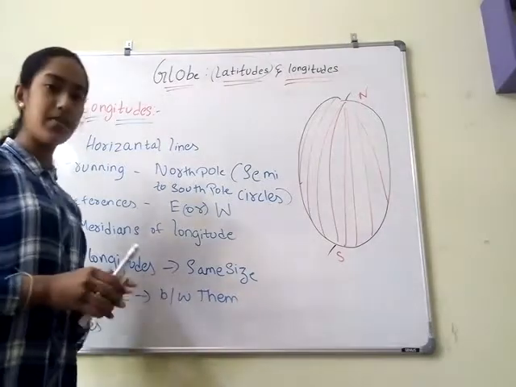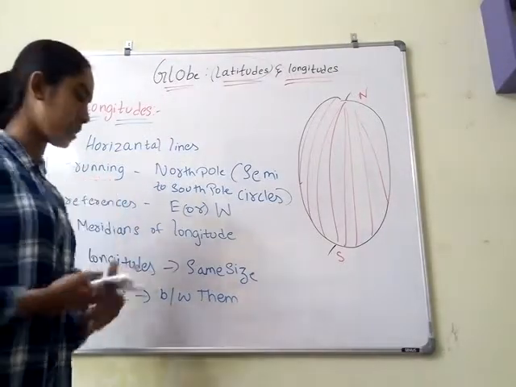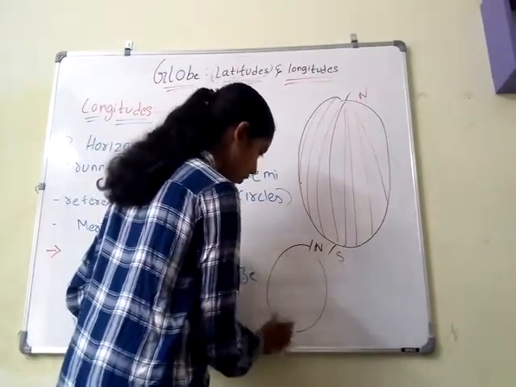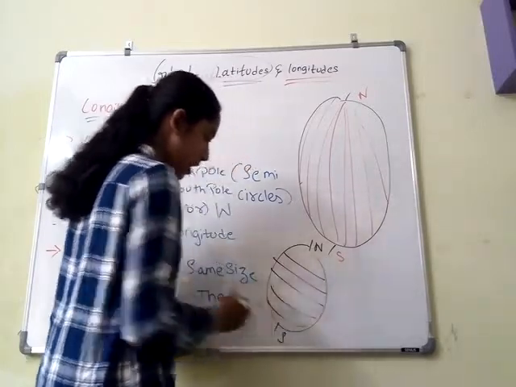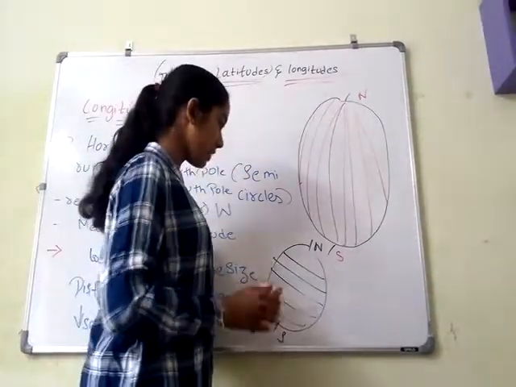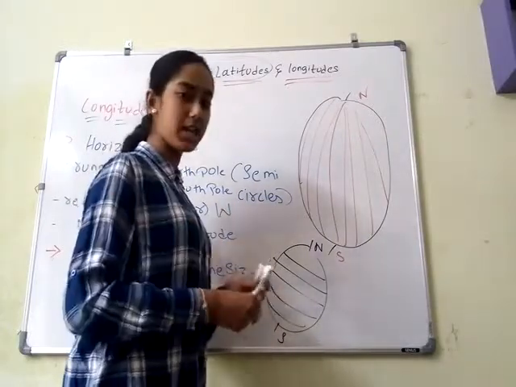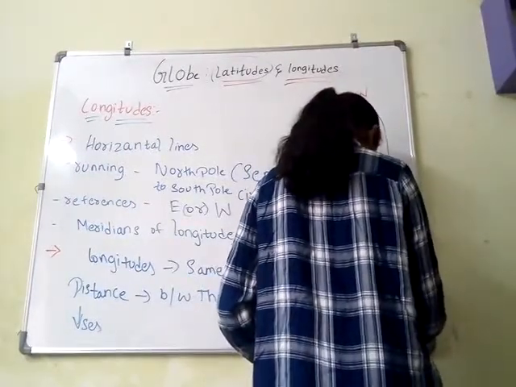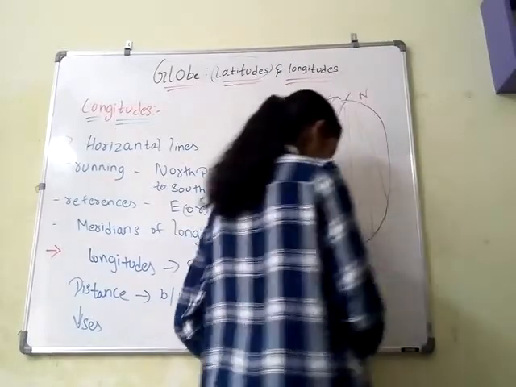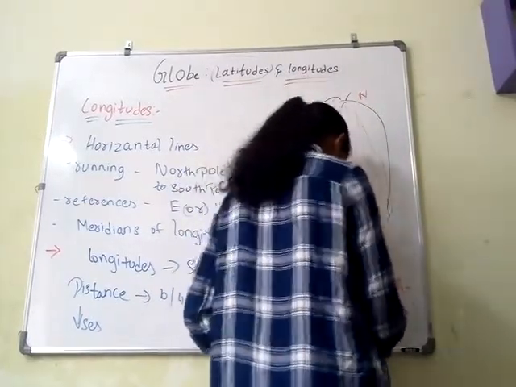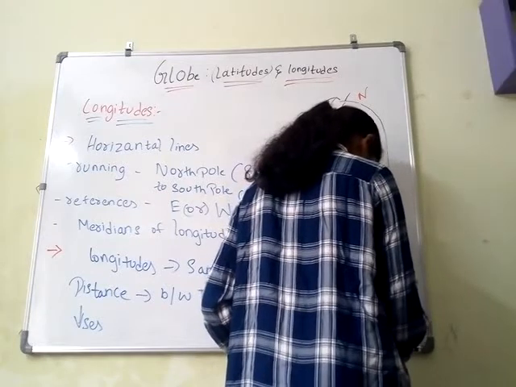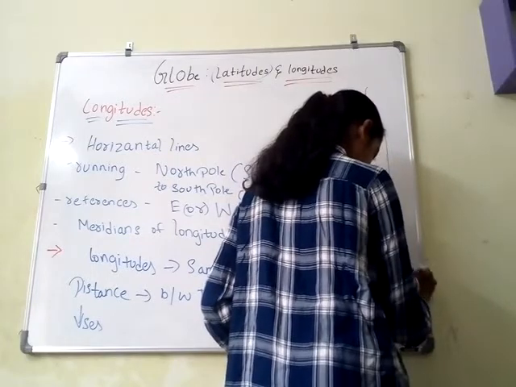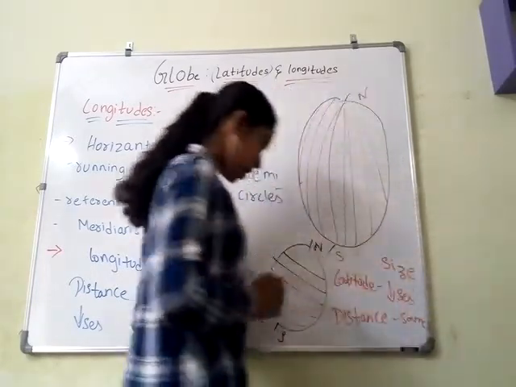But in the case of latitudes, I will just show this diagram. This is the North Pole, South Pole. These are the latitudes. The distance between each latitude is the same.